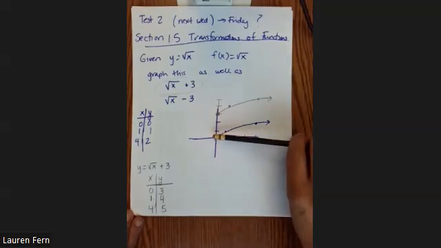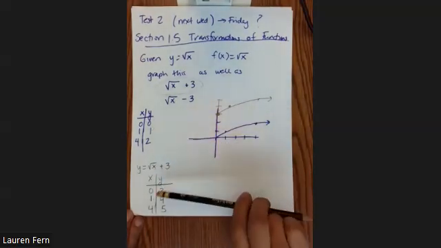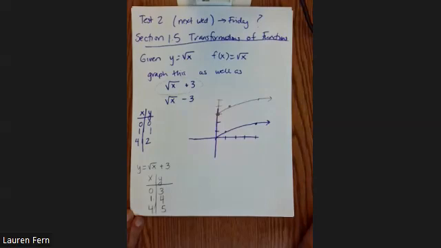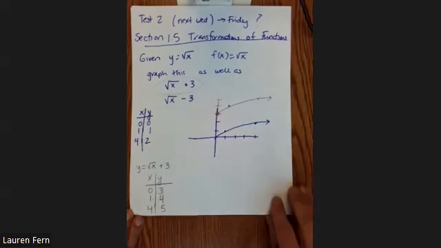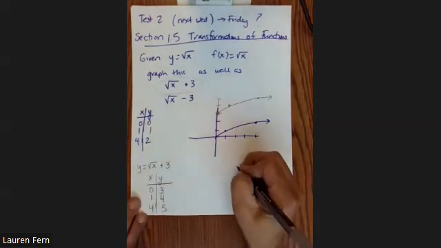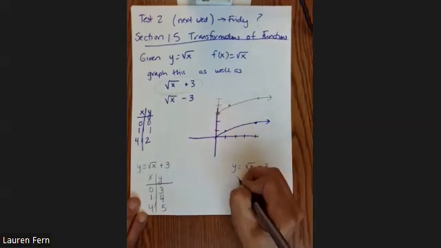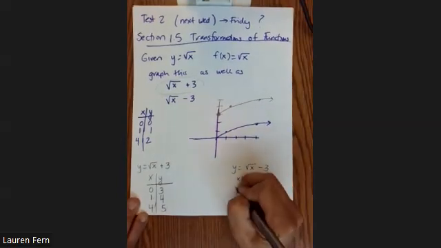But what happened to each of our function values? Didn't each of our function values go up by 3? So, can anyone give me a guess as to what's going to happen if we want to graph this one?